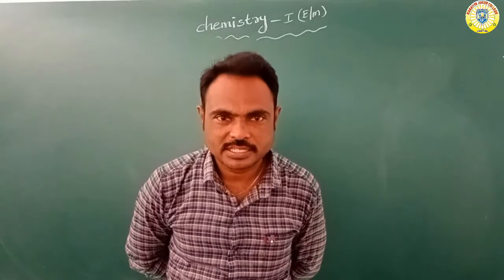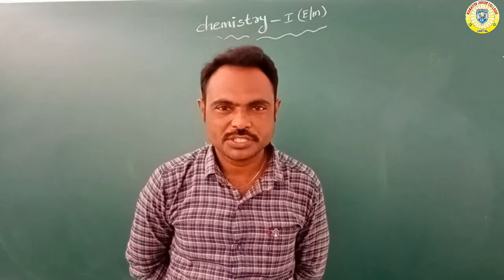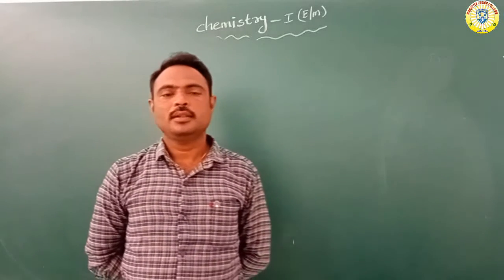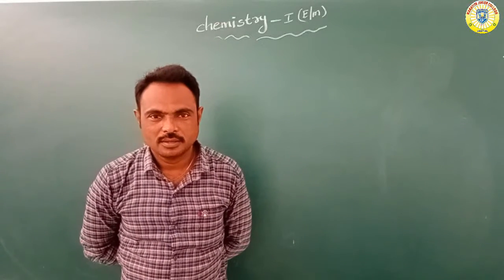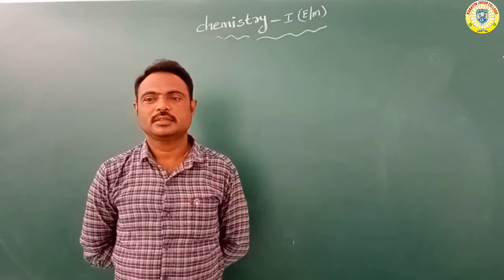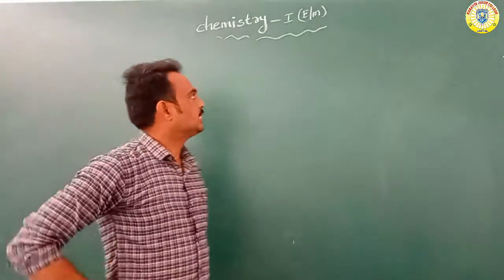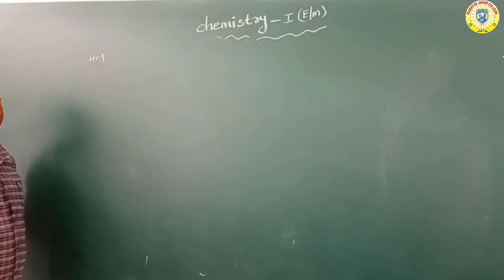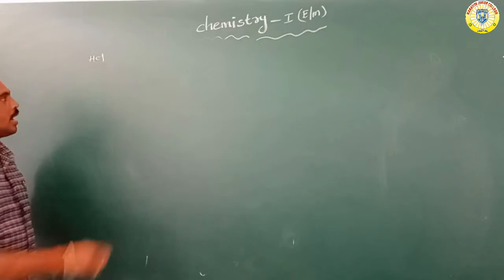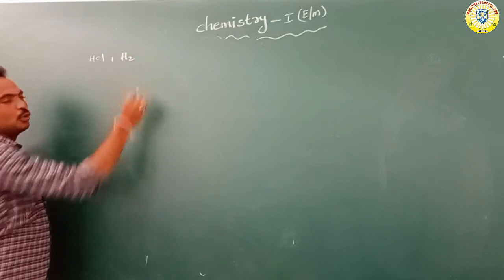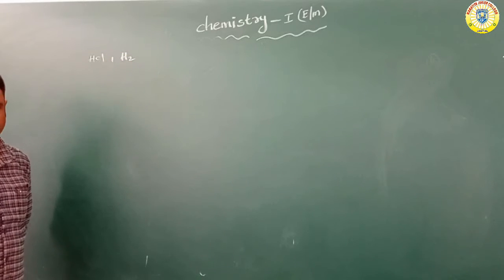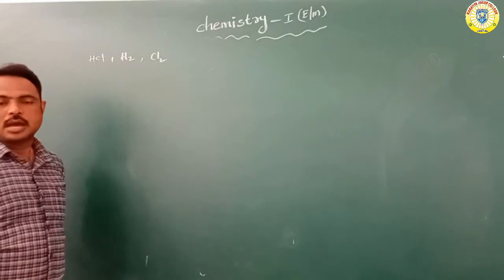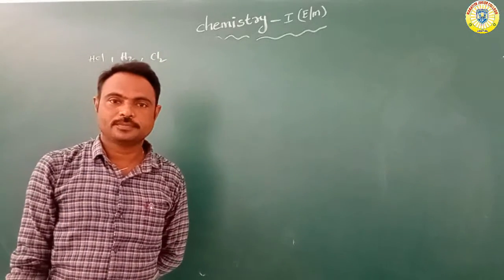Last class we discussed the chemical properties of ethylene. Overall, ethylene reacts with a number of compounds like HCl, hydrochloric acid, and next hydrogen. Next, chlorine or bromine.